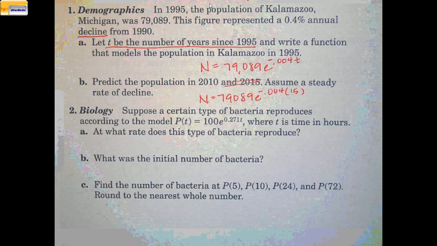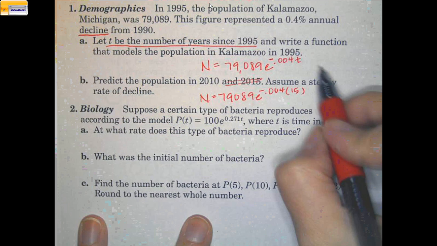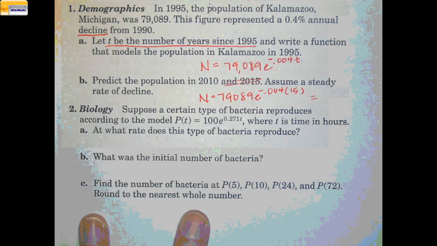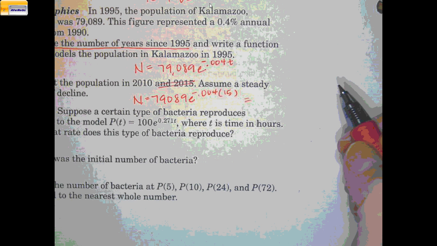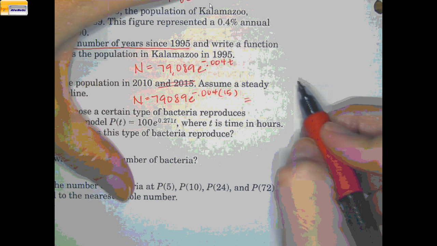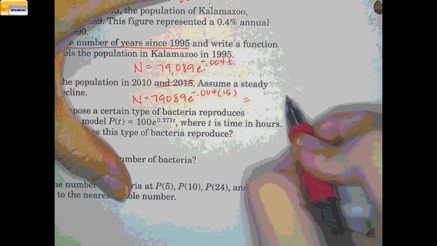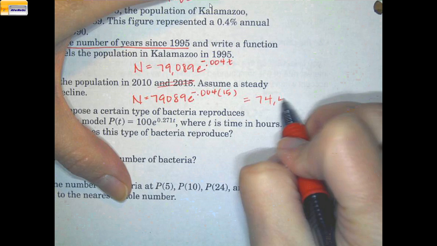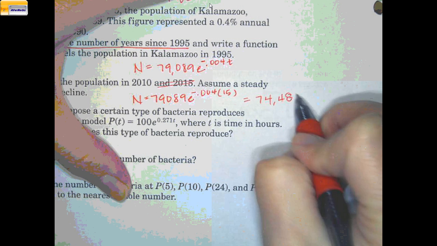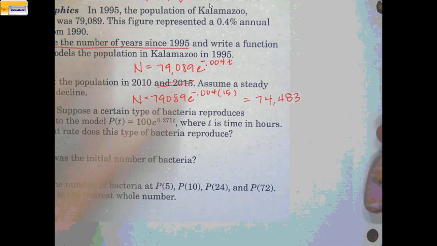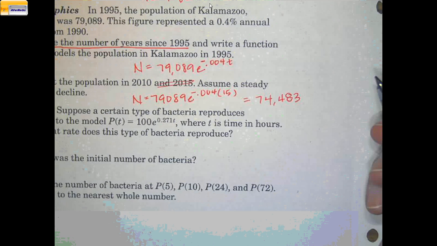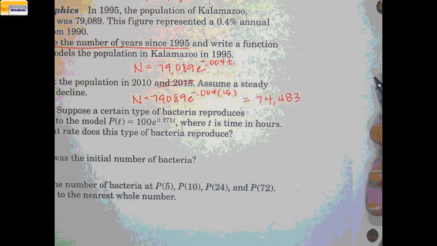So we put a 15 there and we type it all in. And then somebody tell me what you get. I heard it. What is it? 74,483. Was everybody able to get that in their calculator? And what's our label on that? Are we talking about cats or what? People.